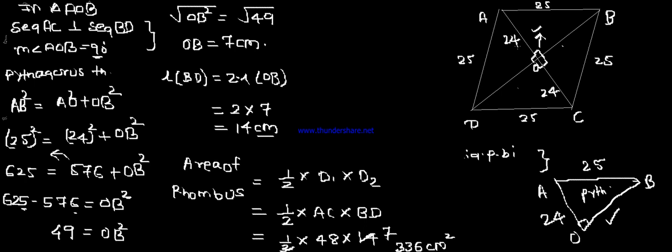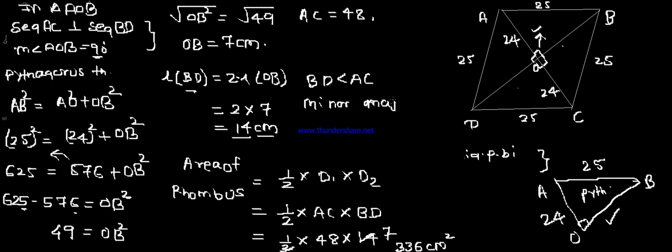We assumed that AC is 48, right? But now after getting the value of BD, you will immediately observe that BD is 14 centimeters. So BD is less than AC. So BD has to be your minor diagonal and AC has to be your major diagonal.